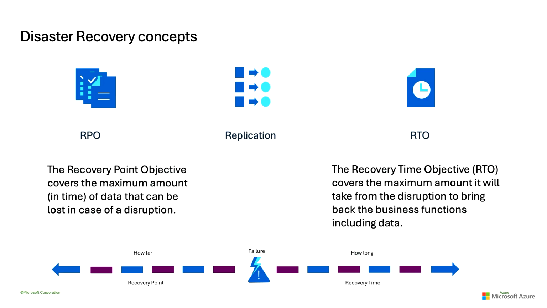The recovery point objective, or RPO, covers the maximum amount of data that we can lose. Let me break it down for you. Imagine your business takes a snapshot of the data every 15 minutes. That means you're willing to lose up to 15 minutes of data.